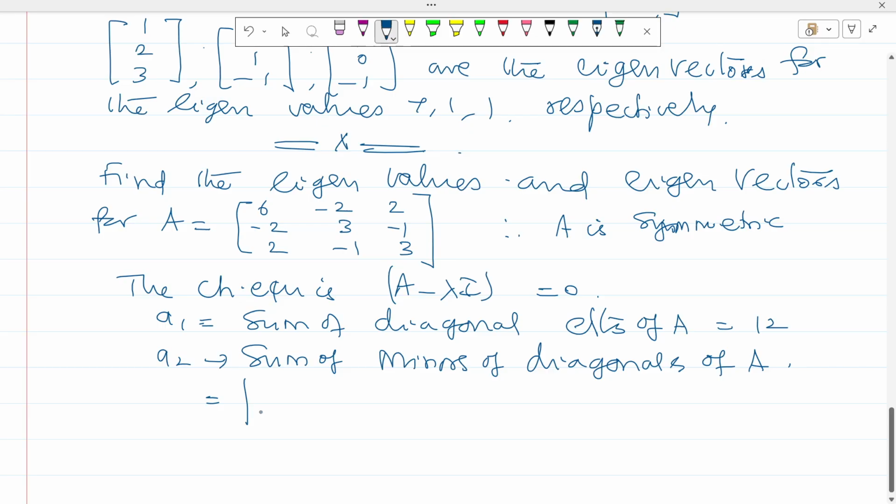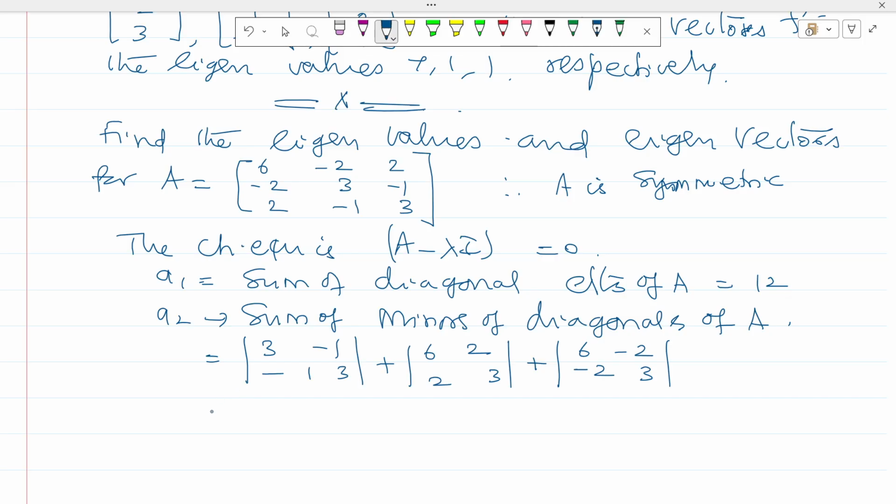So that is equal to, first element is 3 minus 1 minus 1 3, plus second one is 6 2 2 3, third is 6 minus 2 minus 2 3. So this value is 9 minus 1 plus 18 minus 4 plus 18 minus 4.